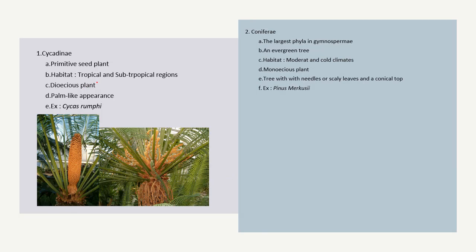What does dioecious mean? The organs are located in separate organisms, so there will be male and female here. That is the meaning of dioecious: they have separate organs in female and male organisms.